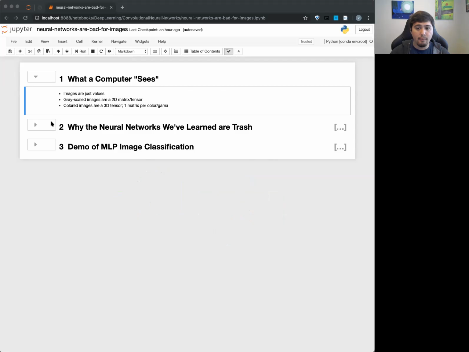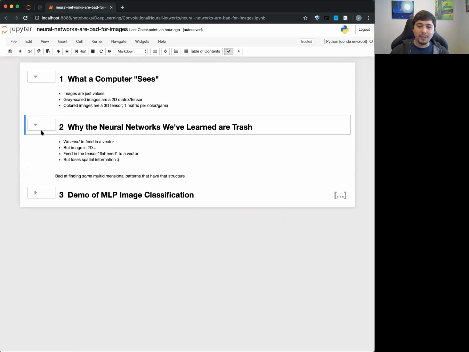So this is why neural networks aren't really great at image recognition. One problem is that we have to feed in a vector.